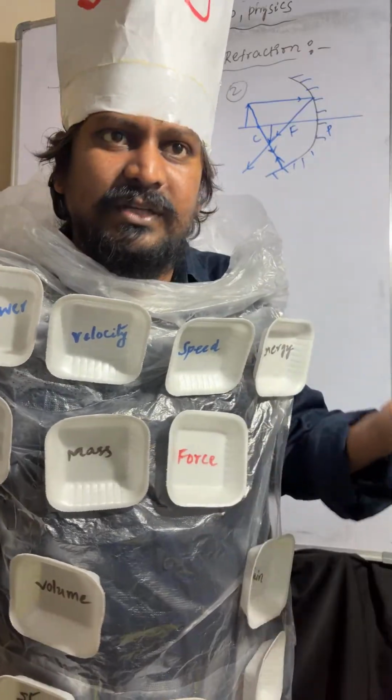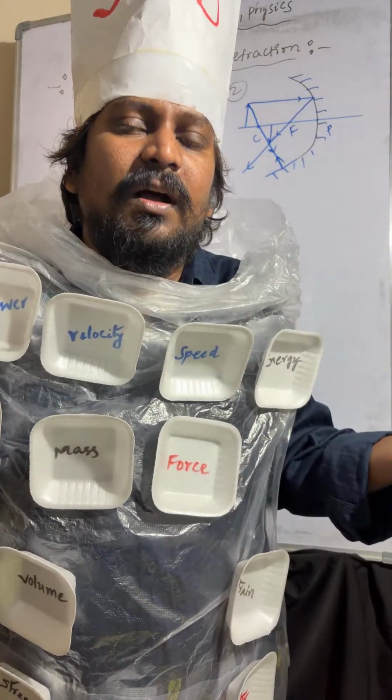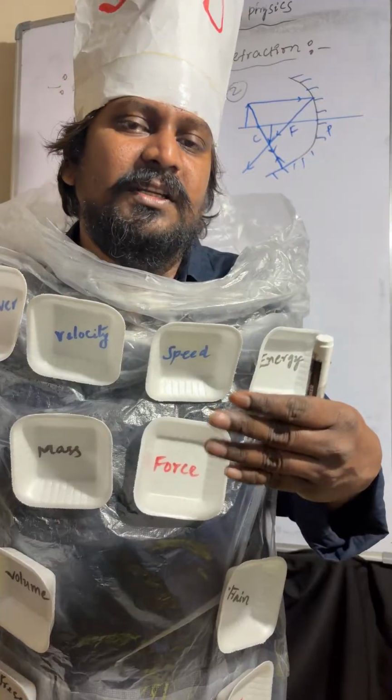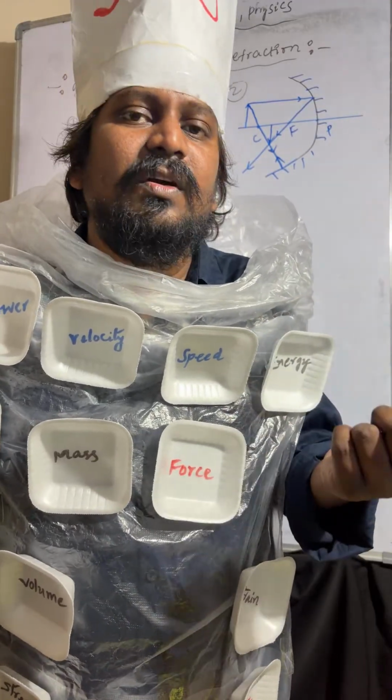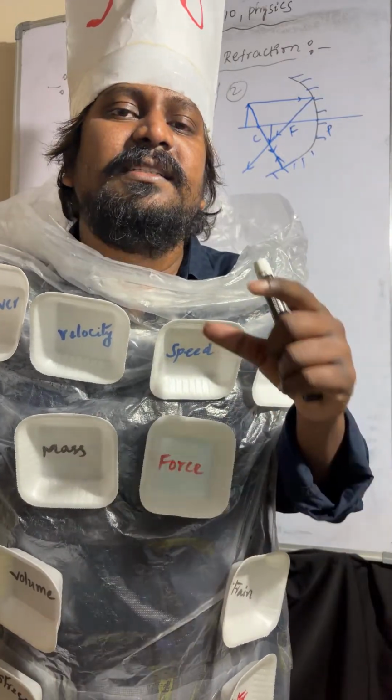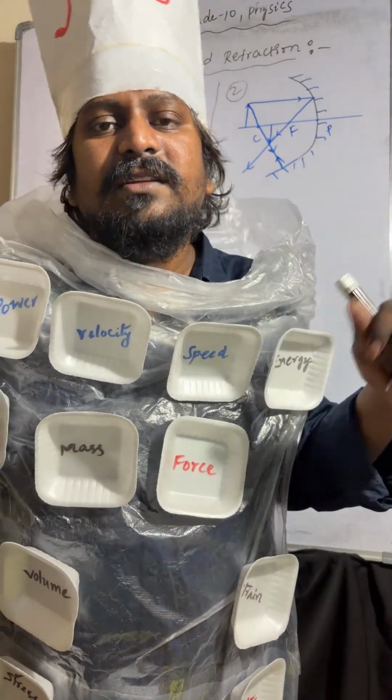We have to take the comparison of object size with image, and by that we can conclude that the size of the image is decreased compared to the size of the object.